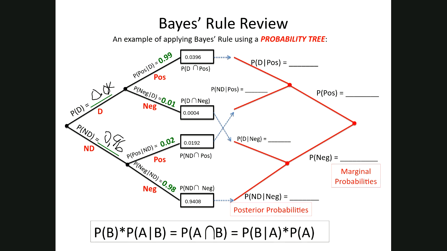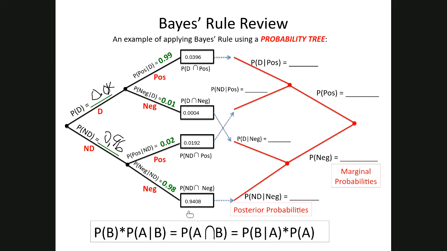Now, one of the things I want to do is the following, and this is to help you understand this relationship, because on this left side of this probability tree, we've calculated these probabilities. These are the prior probabilities times the conditional probabilities, which give us the joint probabilities.